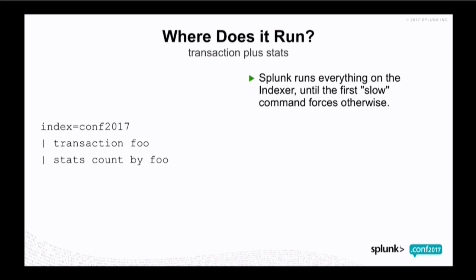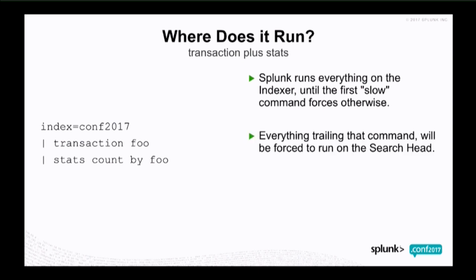So the rule is Splunk will inherently run everything it can on the indexer until it hits a slow command, which forces it to do otherwise. At that point, we then have to say, all right, got to send everything back. I can't do the search on my own. So what does that look like for the search?